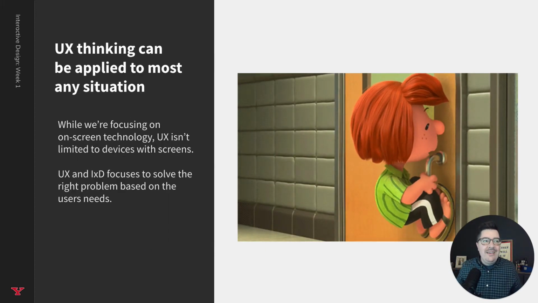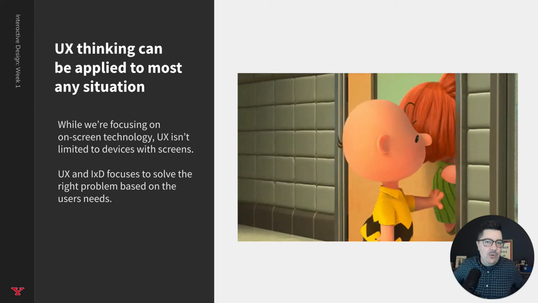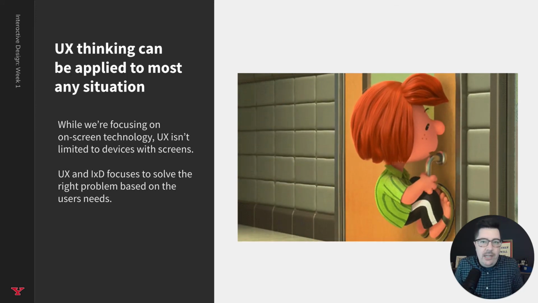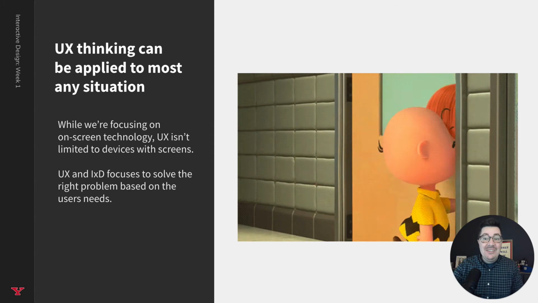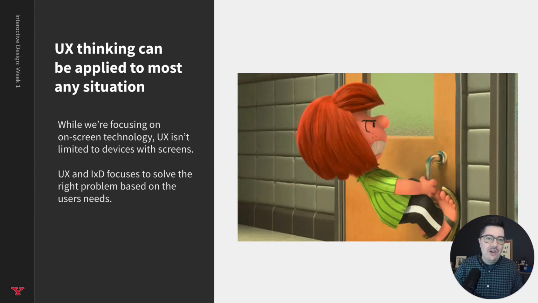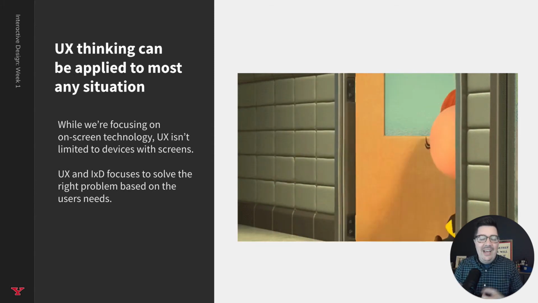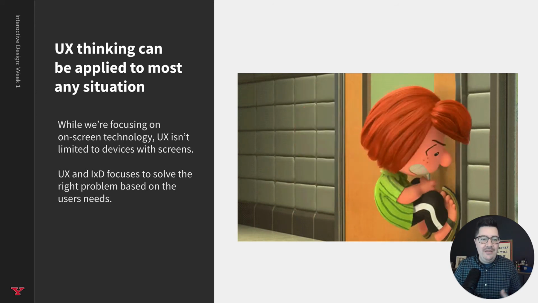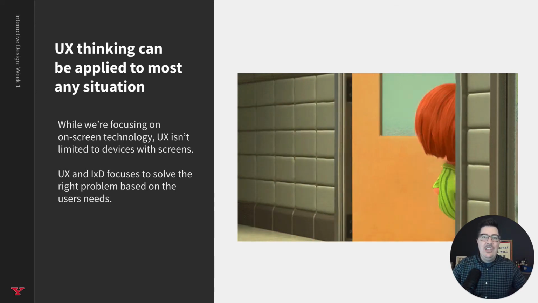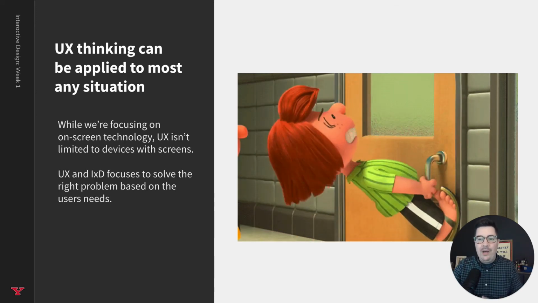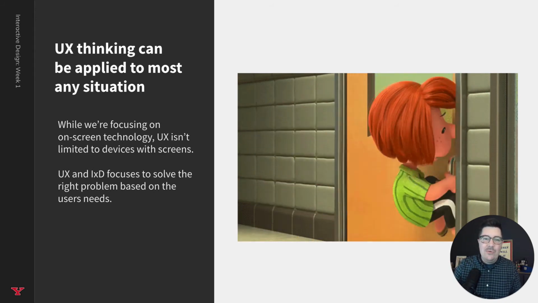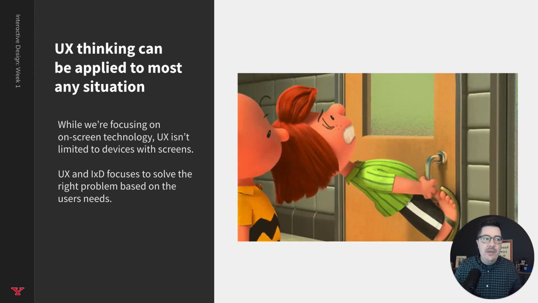And design thinking can be applied in almost any situation, not just limited to the screen. Think about this great GIF here of Charlie Brown, and they're pulling on the door. You've probably experienced entering a space where you might see a sign that says push or pull, but the device that you're using doesn't really translate, and so there can be some confusion.